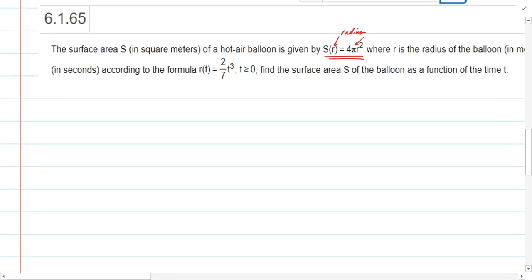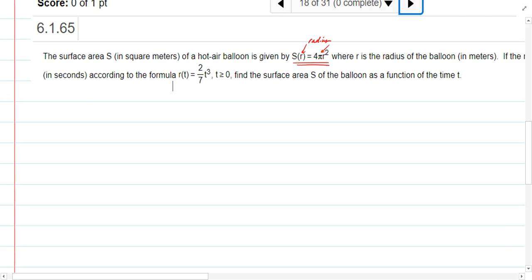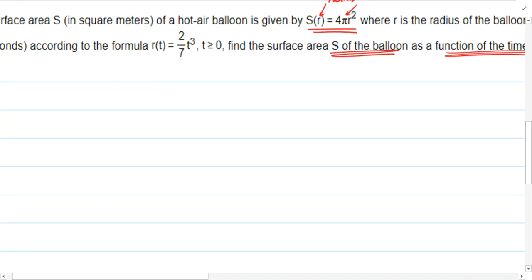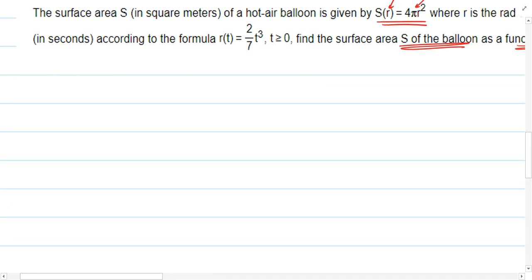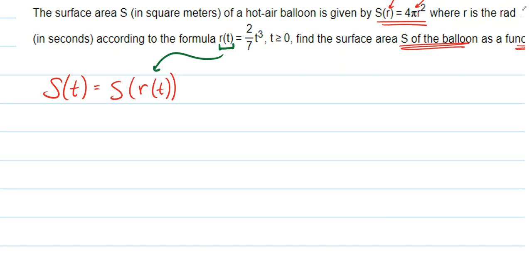So the question becomes, is it possible to write a single expression or equation that models the surface area of the balloon as a function of time instead of as a function of radius? And of course that's possible. S of t, the surface area based on time, would simply be the surface area of the radius, where the radius was dependent upon time. So we're going to take this radius function and put it in place of the argument for our surface area.